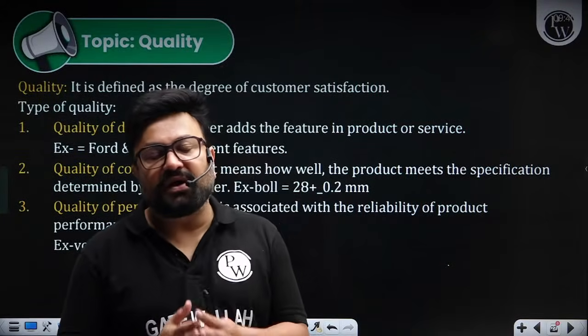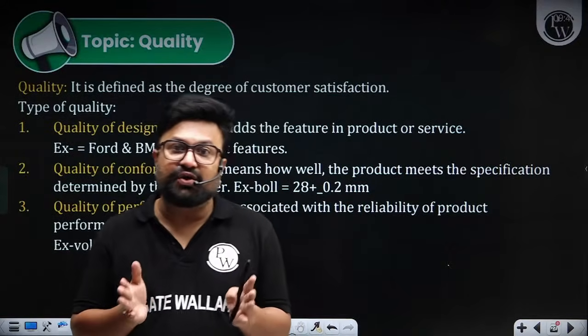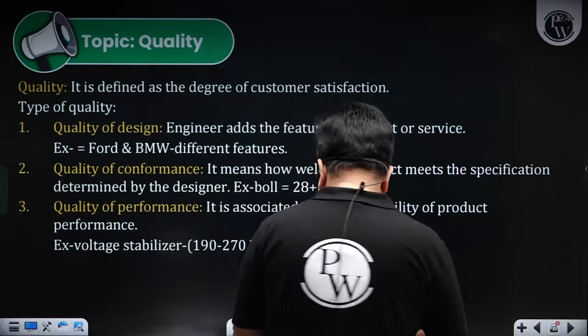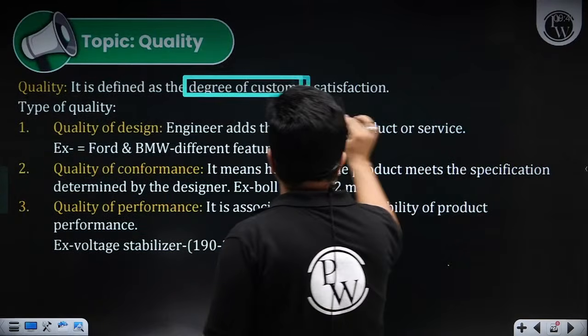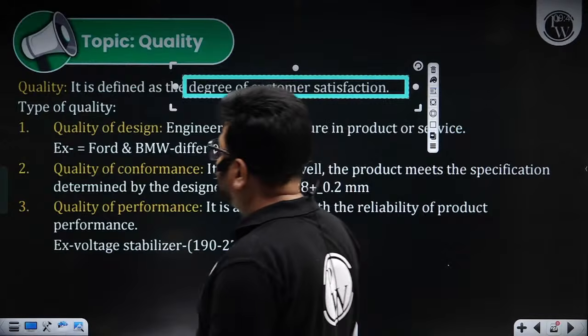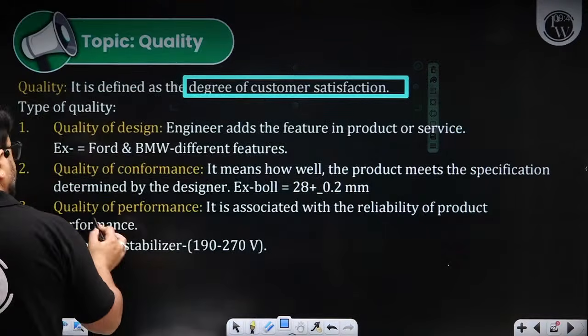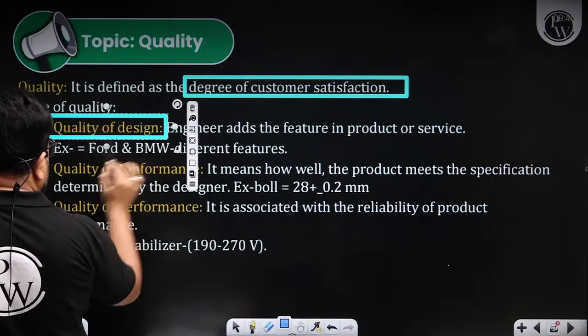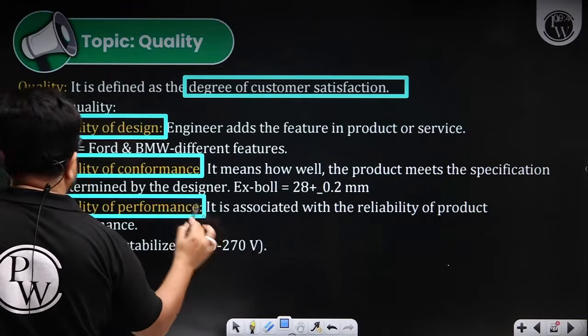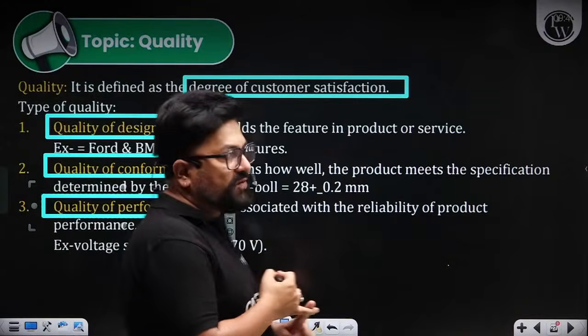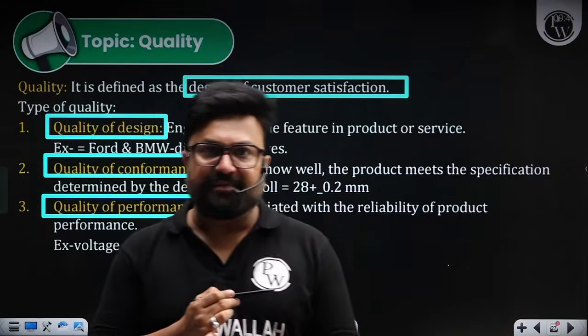So quality is defined as the degree of customer satisfaction. How much the customer is satisfied. Now the customer can be satisfied with the quality of design, with the quality of conformance, and with the quality of performance. So now you need to remember the types of quality.